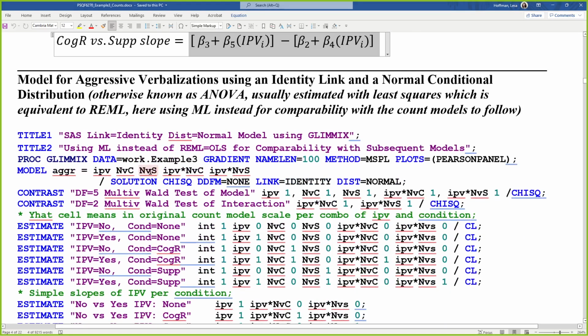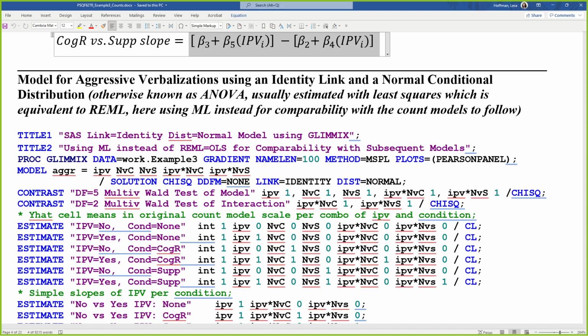Okay, so in programs then, rather than use a general linear model, I'm trying to keep the results as comparable across these alternatives as possible. A general linear model is estimated using ordinary least squares, which is the same thing as residual maximum likelihood specifically, whereas all of the generalized linear models do not have a REML, residual maximum likelihood analog, they only have regular flavor ML.